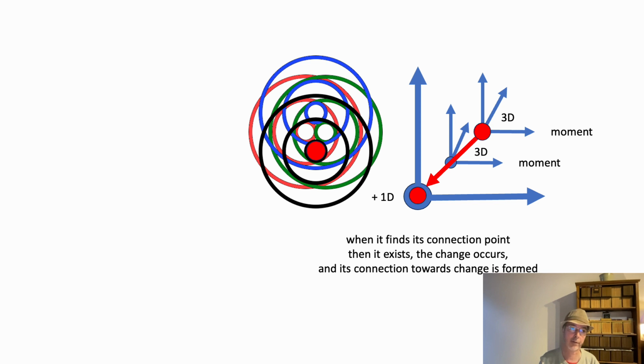If I describe it in time, it will happen a little bit like this. We have already slightly prepared, and once this connection point is found and it exists, then the change can happen, and the connection towards the change is first formed, and then it will also happen over time in two stages, and these two stages are completely interconnected.